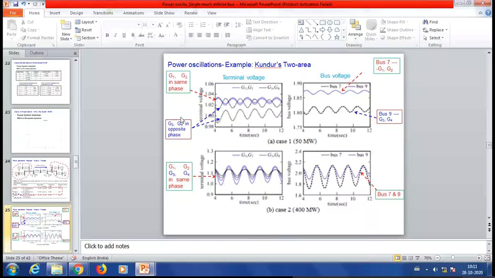And then if we change the operating condition, you find that all the generator oscillations are in the same phase.